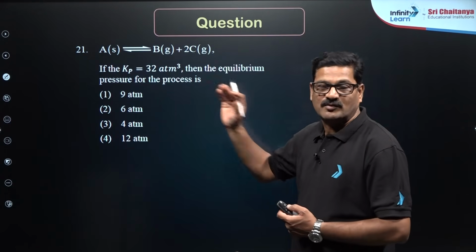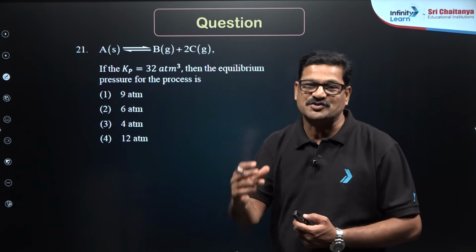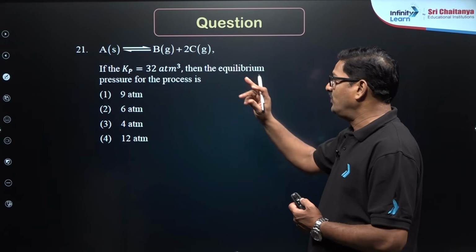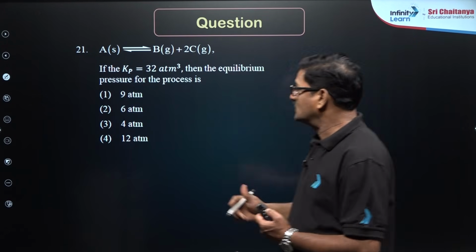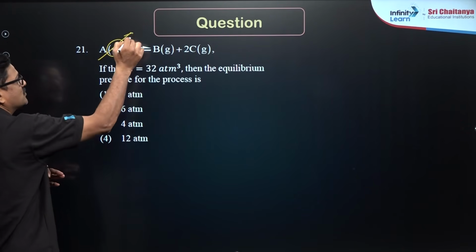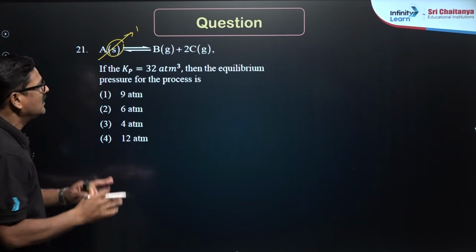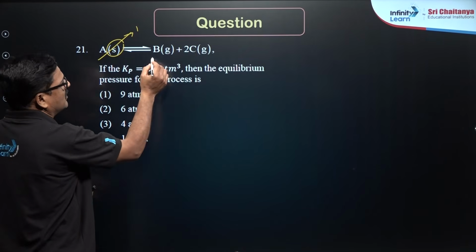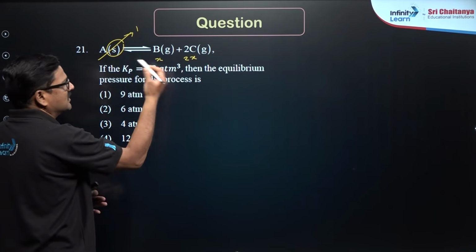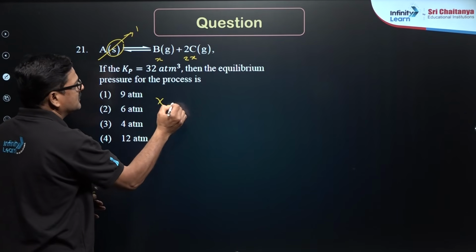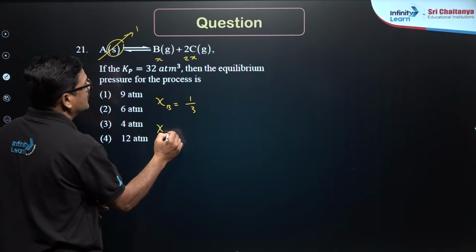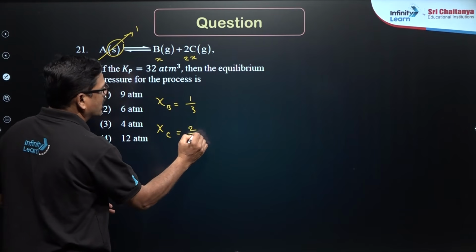Students, this is a simple question based on the Kp calculation from chemical equilibrium. A solid gives rise to B and 2C. So, the solid's partial pressure is not considered, so it stands as 1. At equilibrium, let us say it is x and it is going to be 2x. You can say the mole fraction of B is going to be 1 by 3 and the mole fraction of C is going to be 2 by 3.